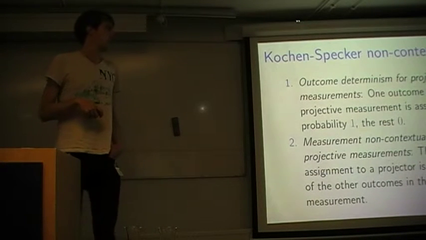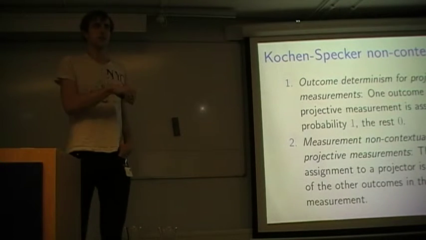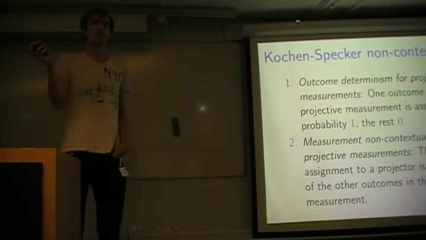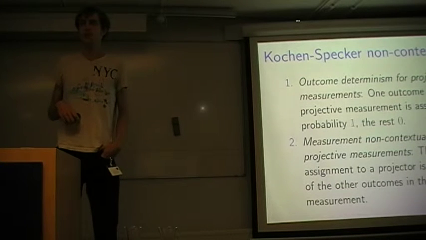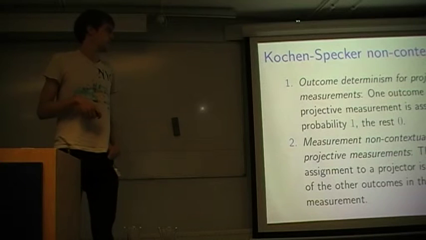Okay, so another way to put it is that the real state of the system is just a function from projectors to 0, 1, and when you perform a projective measurement, exactly one of those projectors has to be given value 1, and that's the outcome that happens in the measurement.